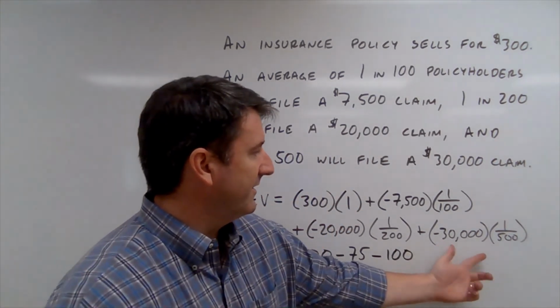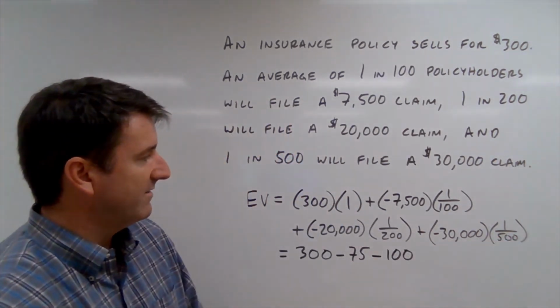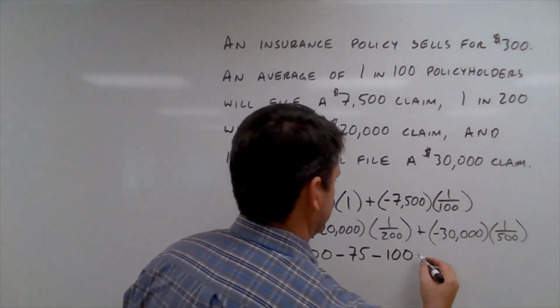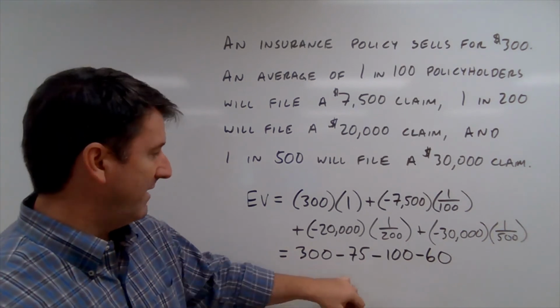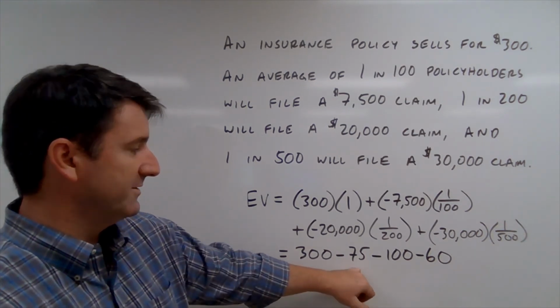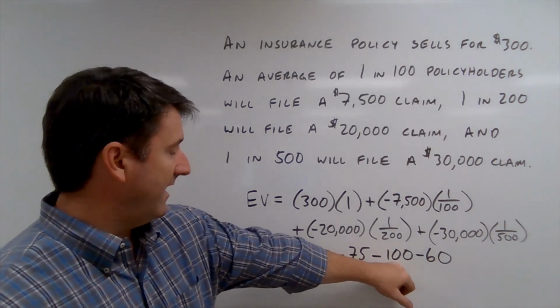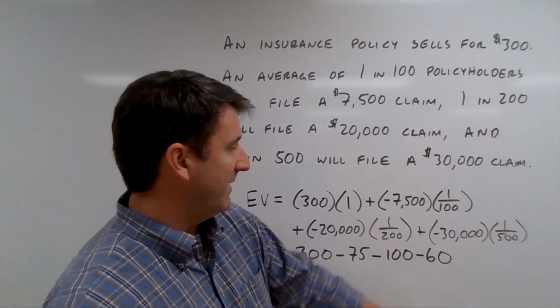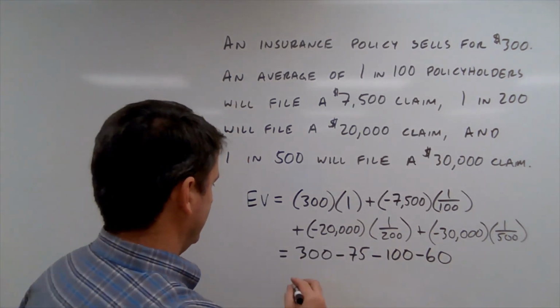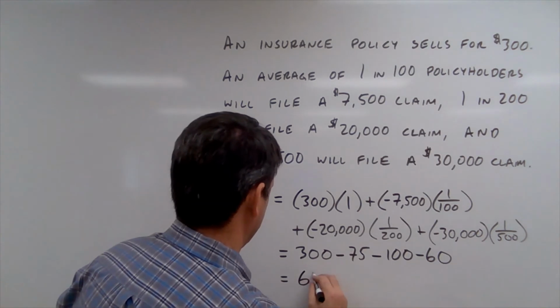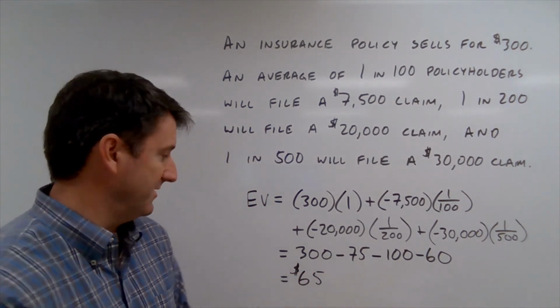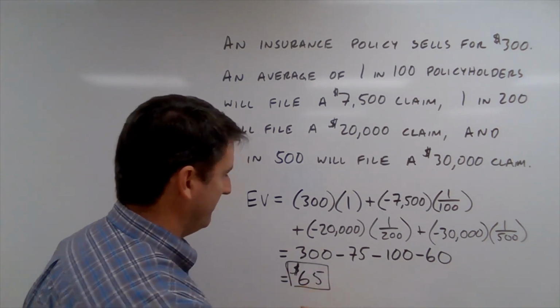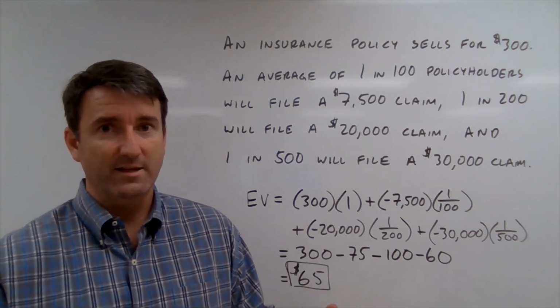And then negative 30,000 divided by 500 is negative 60. So 300 minus 75 is 225. Minus 100 is 125. Minus 60 is $65. So that's the expected value to the insurance company for each policy that they sell.